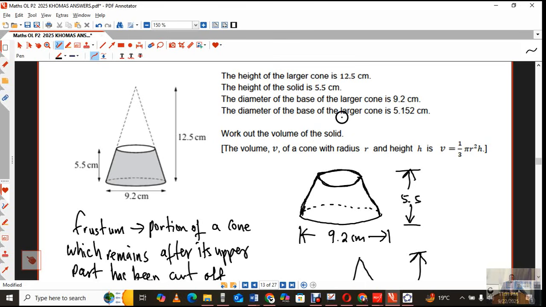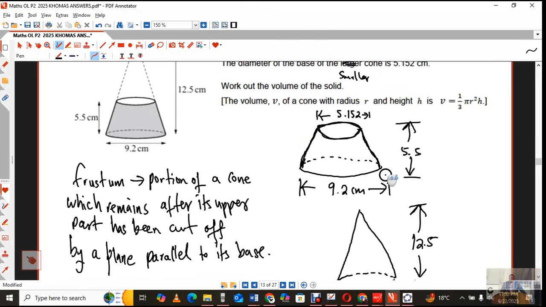The diameter of the base, this should not be larger. This maybe should be the smaller cone, I believe. So that is this one over here, that's 5.152. Perhaps that's what you have over there.